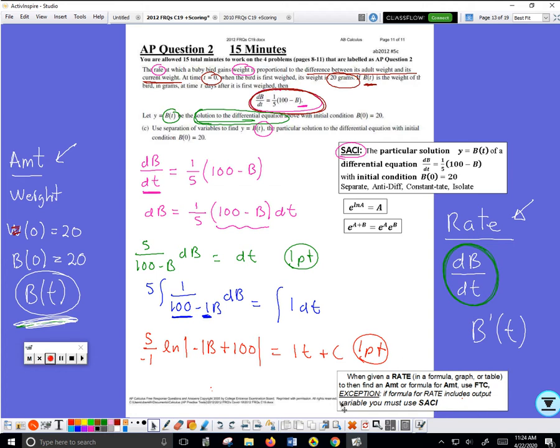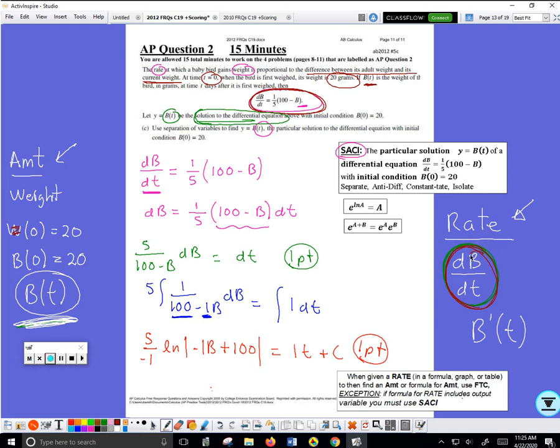That's actually the most reliable way to know, is this box. I've not ever encountered an AP problem where they were able to trick me if I was following this box carefully. And sorry, what's the output variable? The B or the t in this one? Good question. In any AP problem, when you see an equation like this one, the derivative is always change in output divided by change in input.